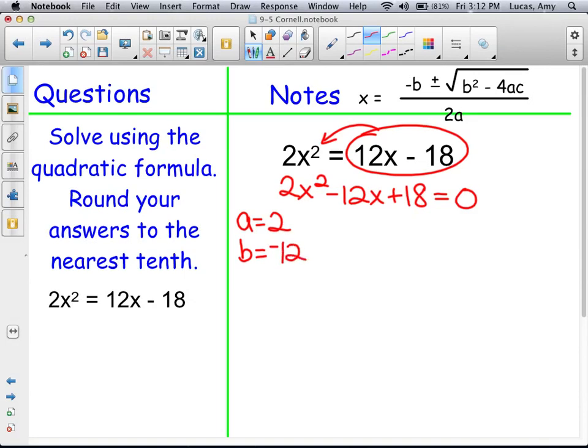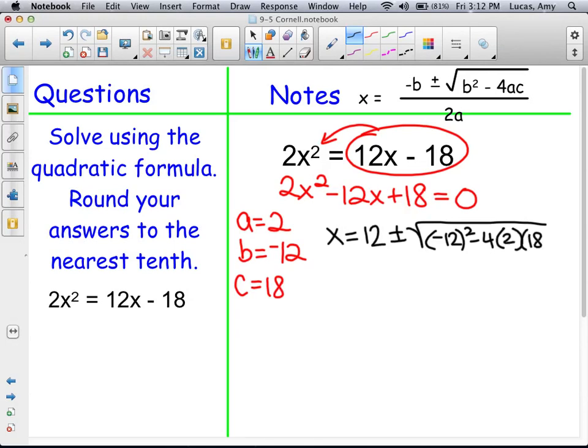Now I can find A, B, and C and plug it in the quadratic formula. X equals, the opposite of B would be 12 plus or minus the square root, negative 12 squared minus 4 times 2 times 18. All divided by 2 times A, 2 times 2.